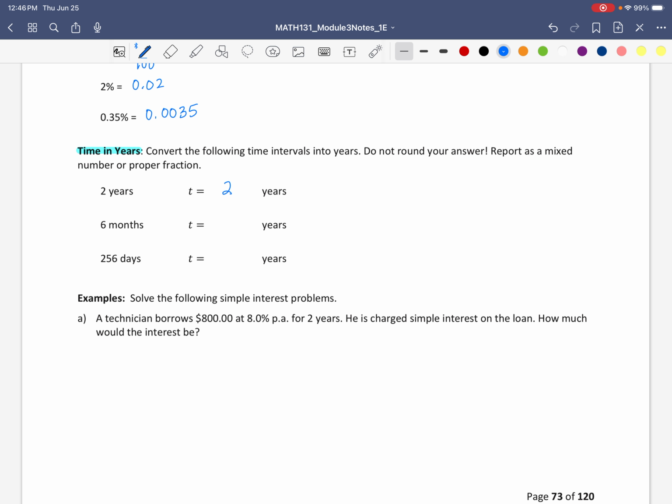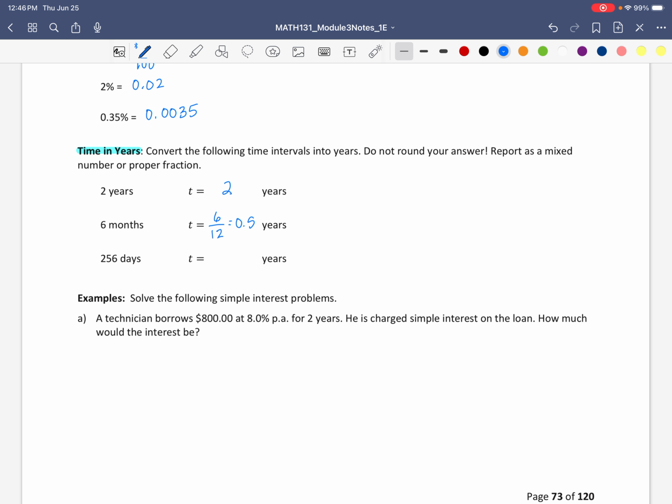And what we're going to do is essentially leave it as a fraction. Sometimes it turns into a nice decimal, but not always. So it's good practice to remember that 6 months is the same as 6 over 12 years. Or this is a nice decimal, which would be 0.5 years. But as I said, that's not always the case.